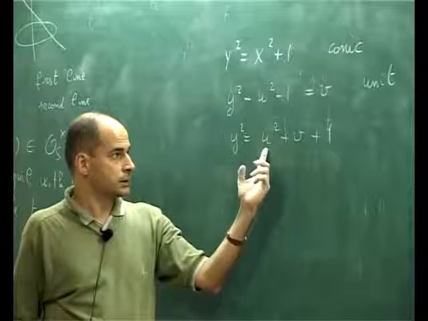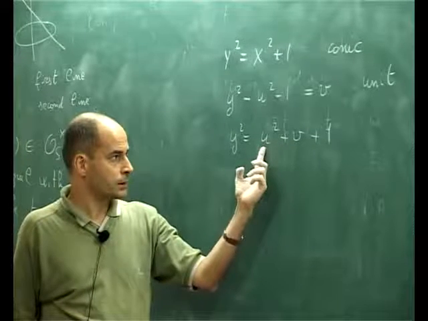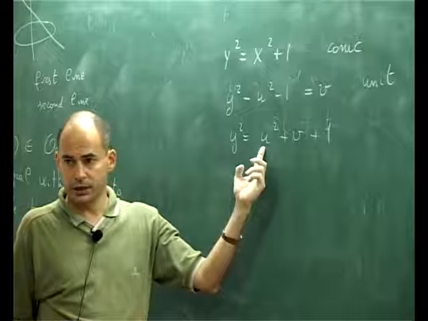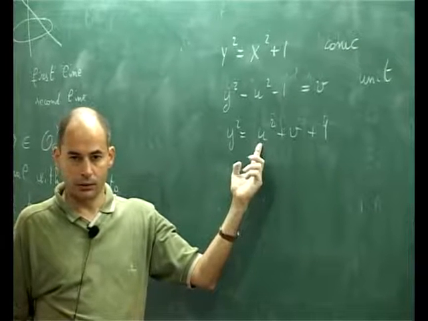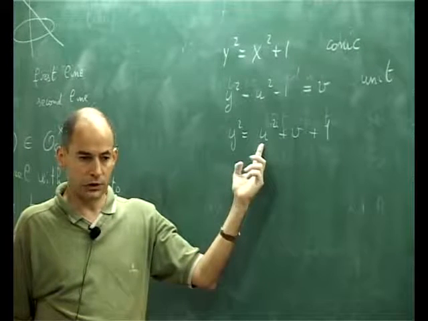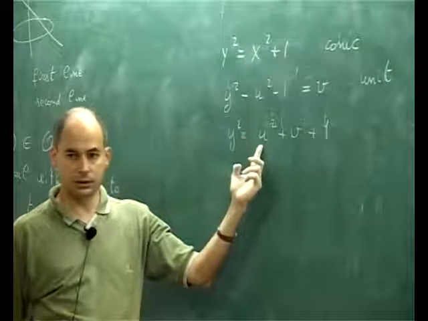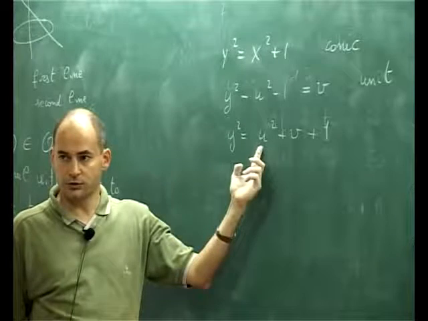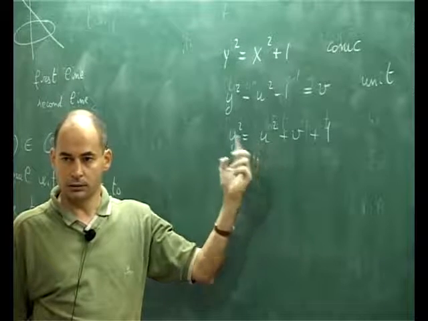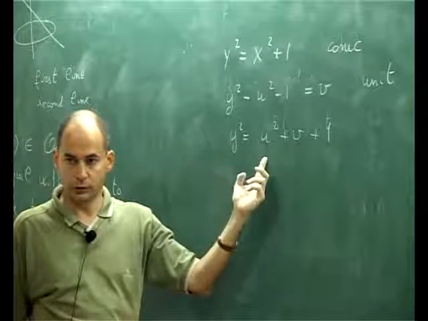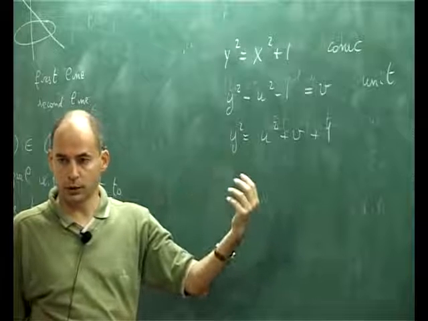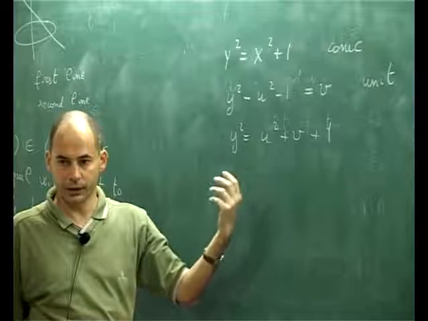And actually, here I have u squared, but basically units are always squares in the sense that, since the group of units is finitely generated, the quotient of the group of units modulo the subgroup of squares is finite.